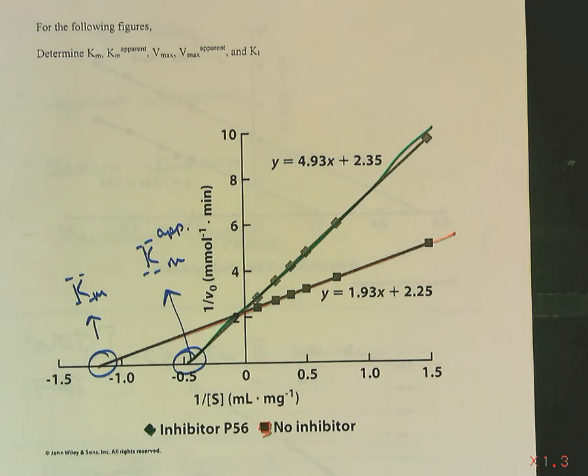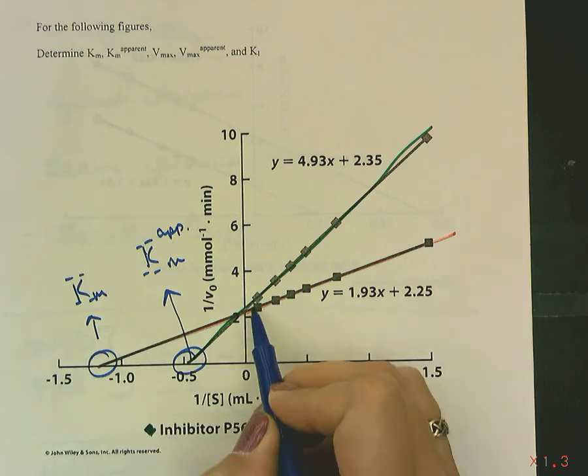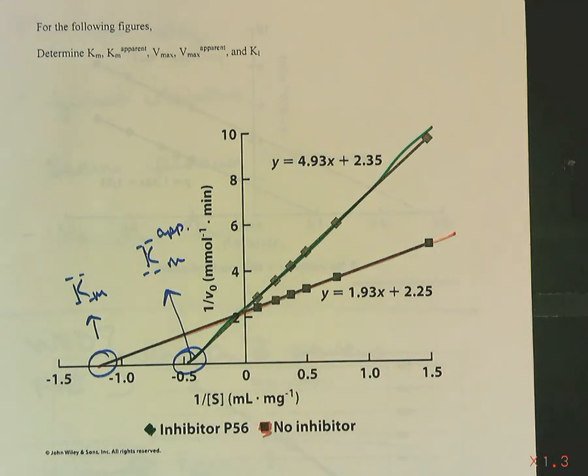Km is a constant for any one enzyme-substrate combination. If it's changed, it's because it looks like it has changed based on the graph, because there's an inhibitor in there competing, in this case, for it. Better? Okay. So then, where do I look for my Vmax, on the X or Y? Y.